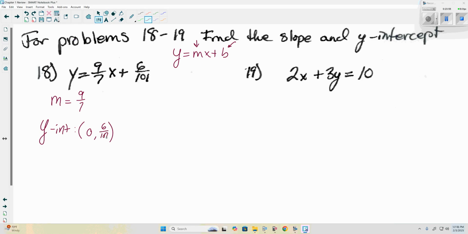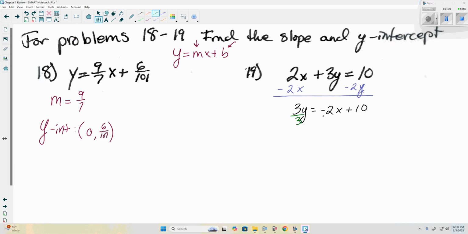Here, 2x plus 3y equals 10. We need to get it in y equals mx plus b form to really be able to see this. So the first thing we can do is move the x over. Subtract 2x, not 2y, from both sides, which tells me that 3y is equal to negative 2x plus 10.